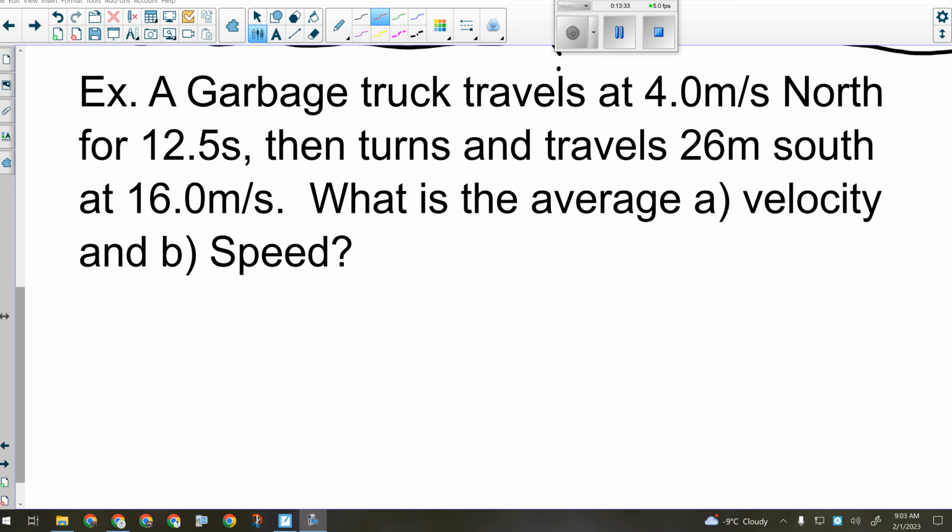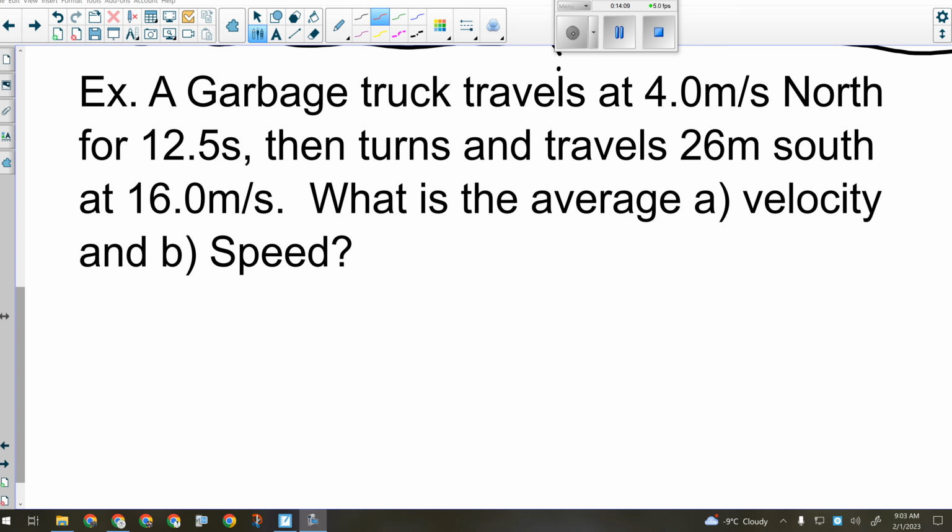So if I want to calculate the average, I should just take 4 and 16, add them together and divide by 2? Why will that not work here when it's a perfectly valid way to find averages? Because of the amount of distance you travel, I guess. Yeah, exactly. Adding all of your items together and dividing by the number of items is a perfectly valid way to calculate an average, provided all those things you add together represent equal parts of the total.